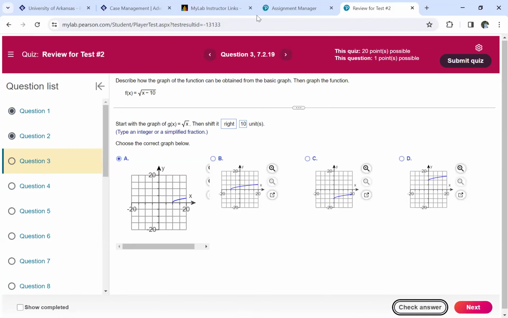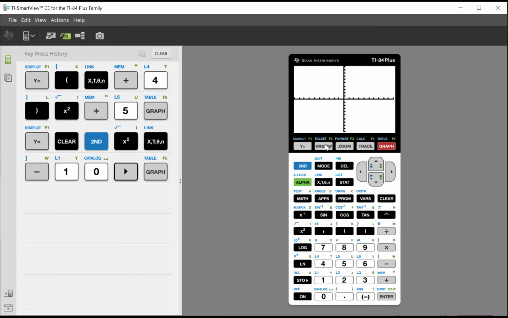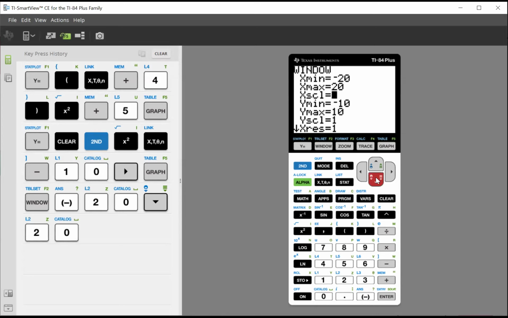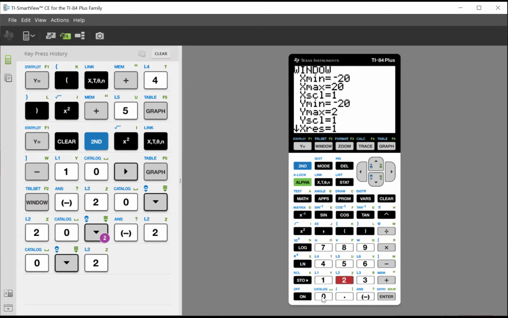So if you want your calculator to match that, you got to hit this window button up here, the second button on the top, hit window, and make those go from -20 to 20 like they're doing. So I'm just going to make my X minimum -20, my X maximum 20. And then I'm going to go down here to the Y minimum and make that a -20. And then go down to the Y max and make that a +20.